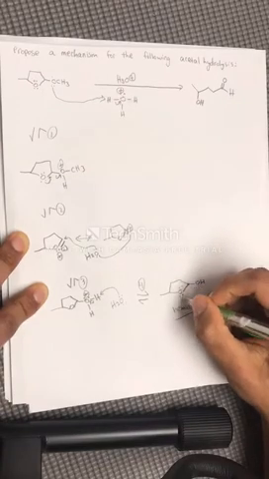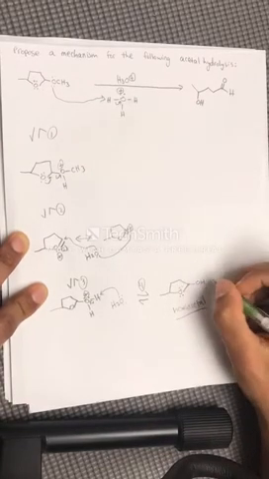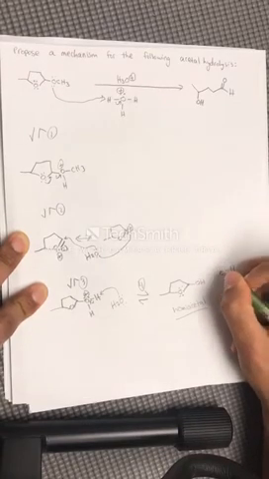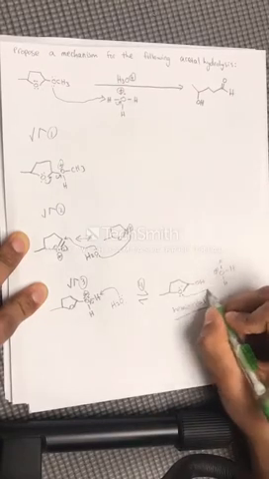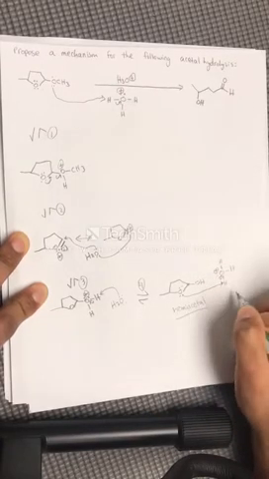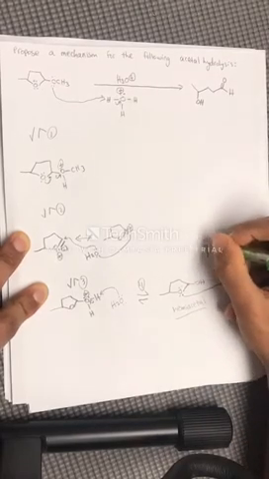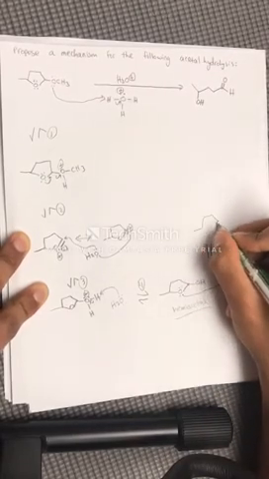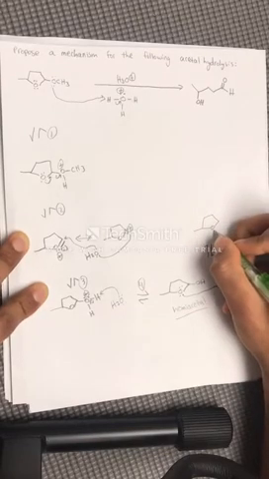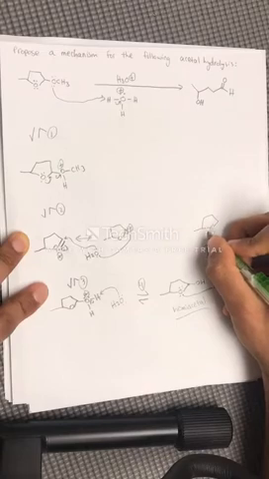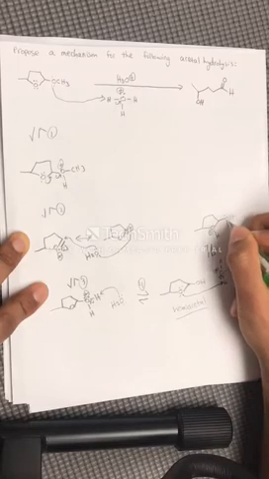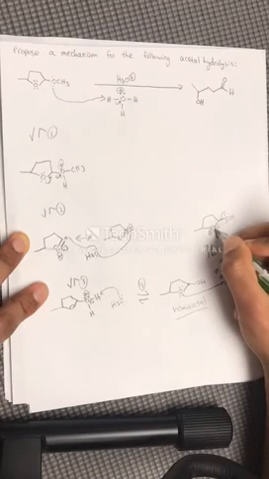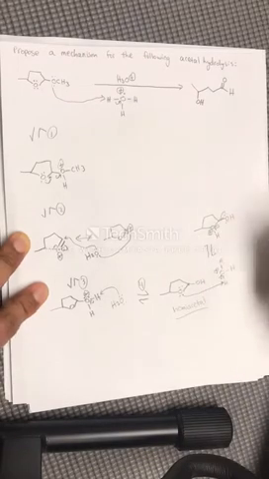Next, basically we want this guy to leave, so we're going to protonate this next. We've got hydronium in the solution. And this guy will take the proton, putting the electrons back onto oxygen. Next, the electrons on this oxygen will come down and kick off this leaving group, putting these electrons back onto oxygen.